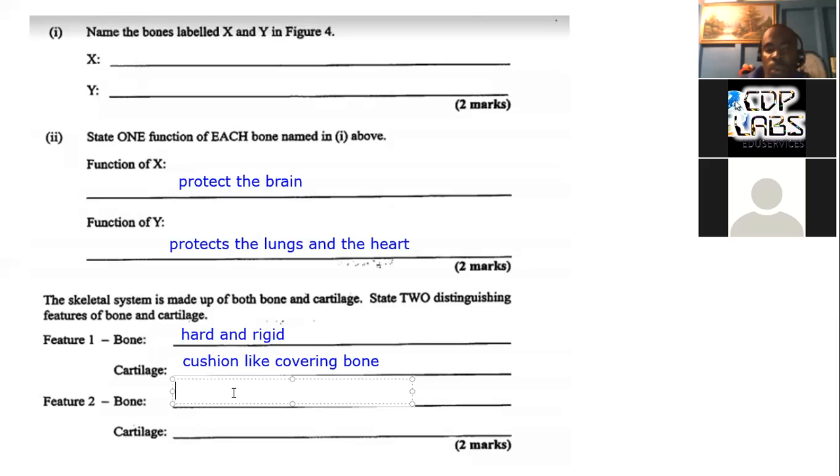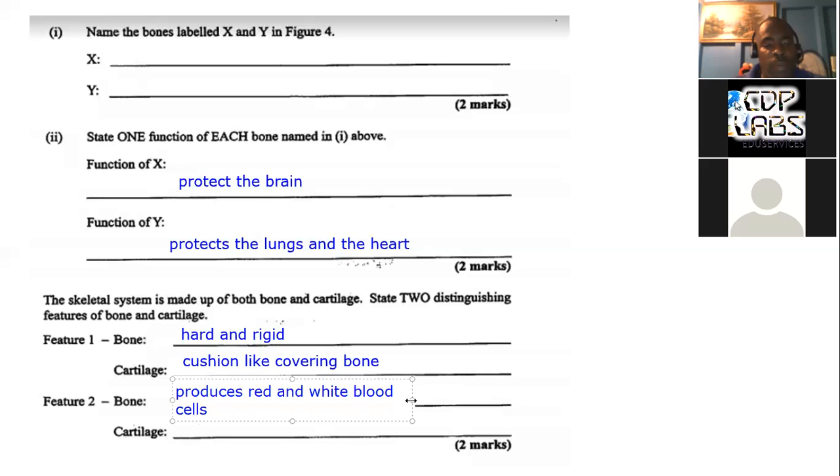Made up of matrix. Yeah, I could say that, yes. But what I was looking for is that it produces red and white blood cells. Right, Chevel? Yes, sir. That's what I was looking for. But you were correct in what you said earlier.